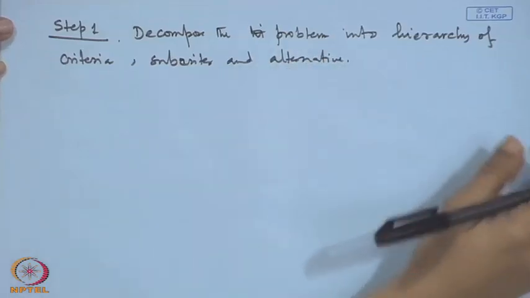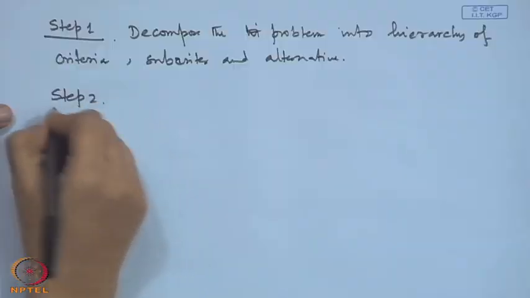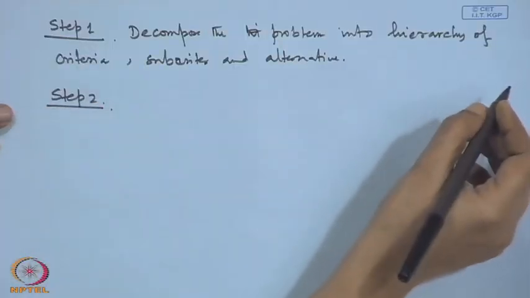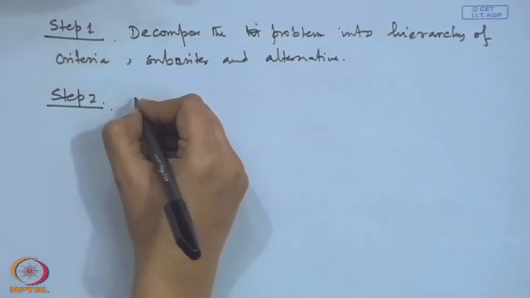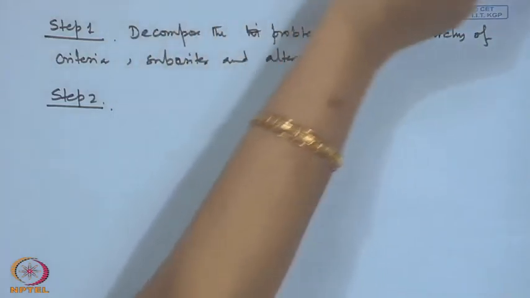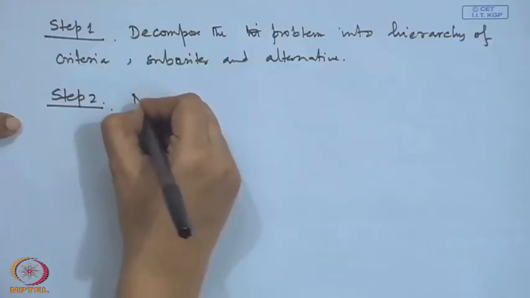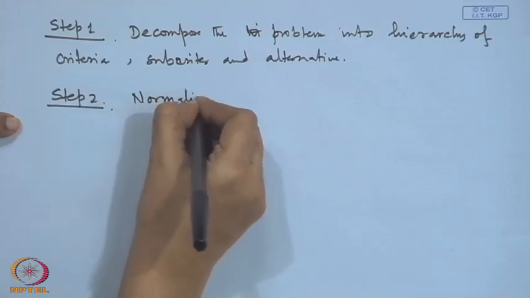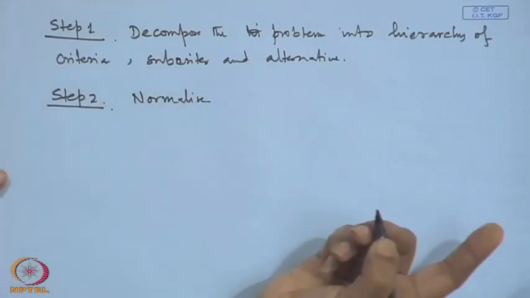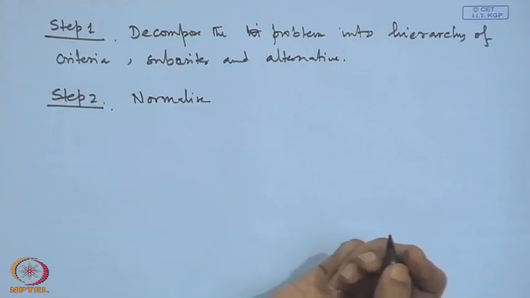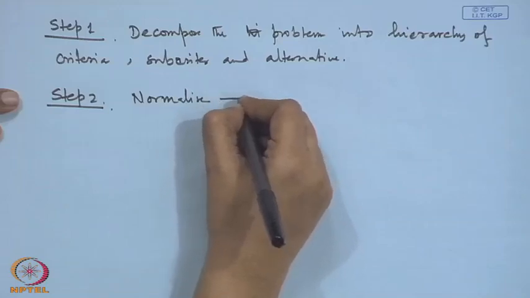This is the most important part of this AHP process, rather the MADM decision making process. And the next step is to normalize. As I said, whatever data we are having, these are measured in different units. That is why the normalization process is very much important. How to do the normalization I will explain.